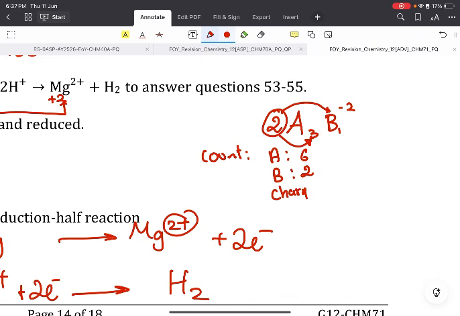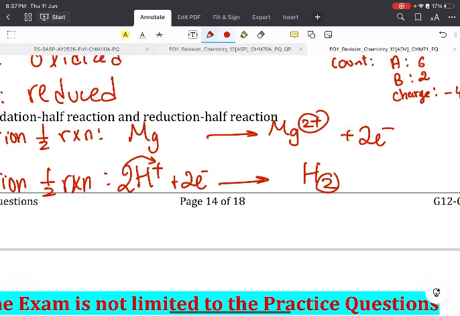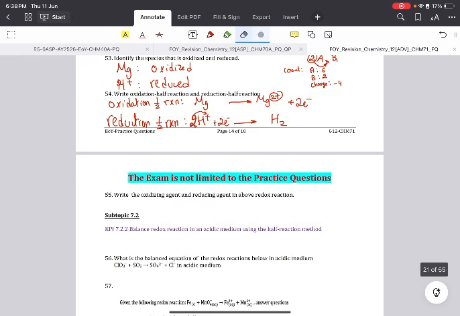If I'm counting a charge, I'm gonna say 2 times the negative 2, and that is negative 4. So therefore here, when I have 2 hydrogens, I place 2 here. But when I was counting the charges, I must not forget 2 times a plus, that's a 2 plus, 2 minus, it's a 0, in order to be balanced.